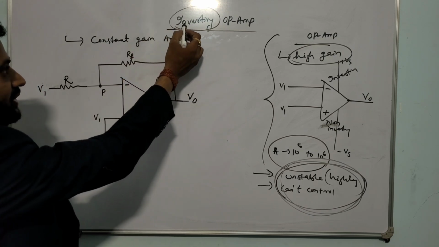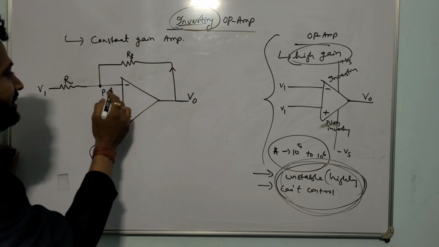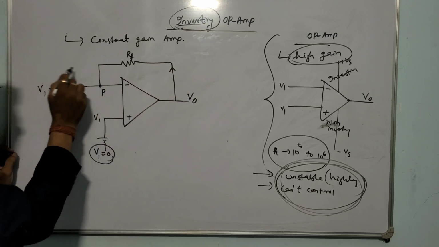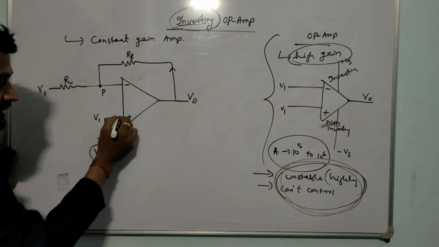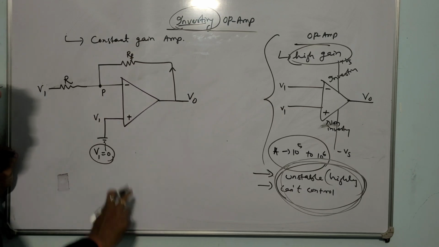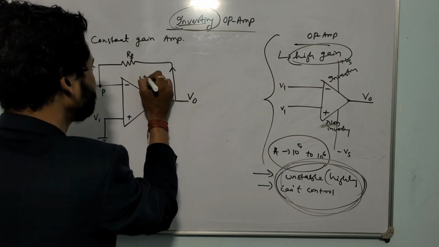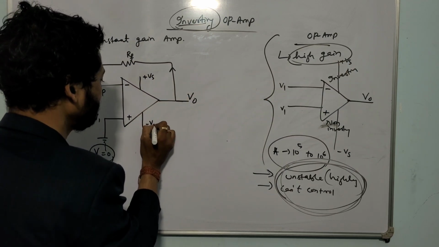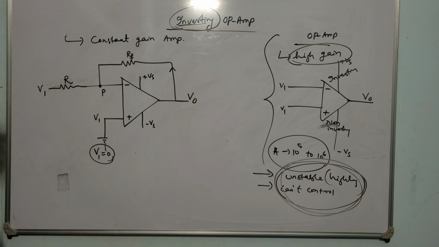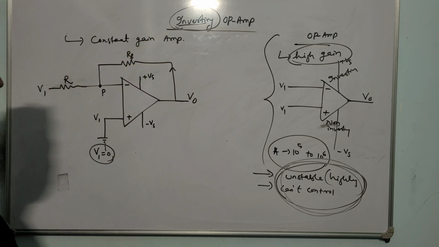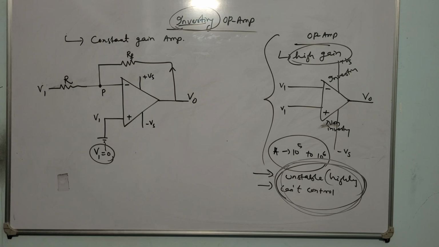And the most important point is, since the name suggests it is inverting, activate the inverting part, meaning you are giving supply V1 through a resistance R, and ground the non-inverting part, meaning make the potential difference 0, and the supply is given internally. I have not mentioned it here. This is the basic block diagram of the inverting operational amplifier. I think it is clear. Any doubt?